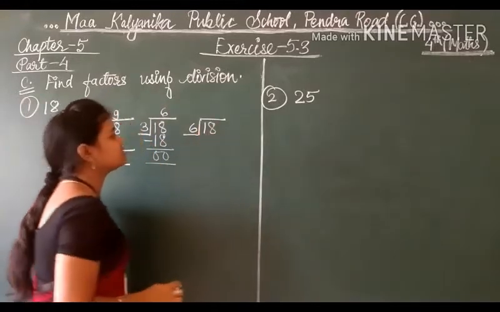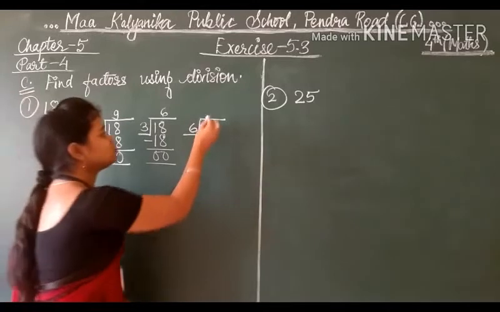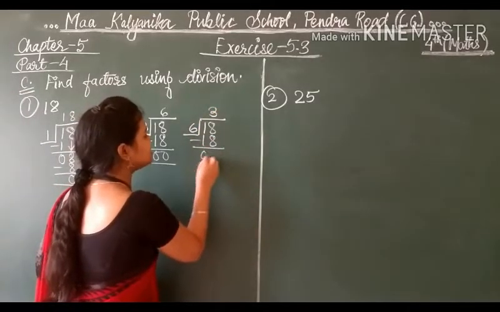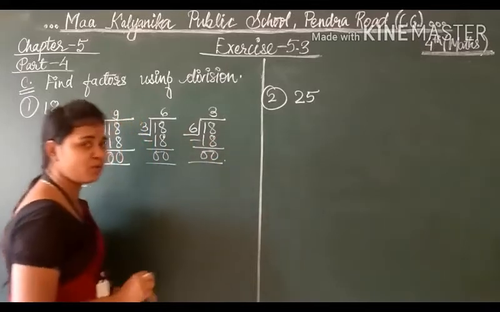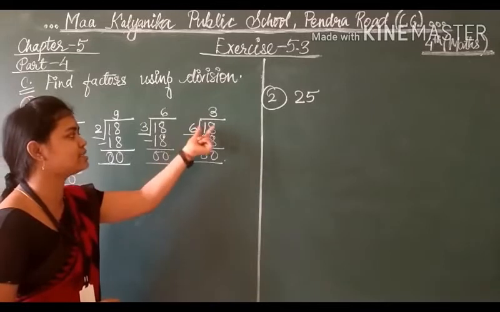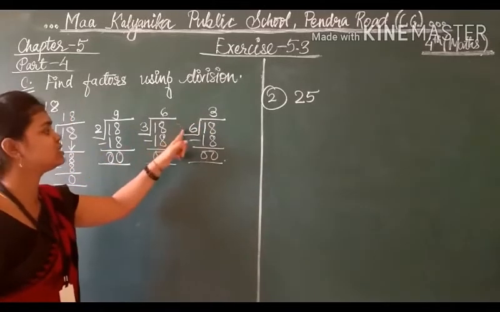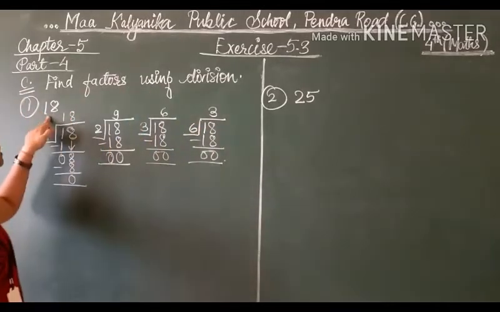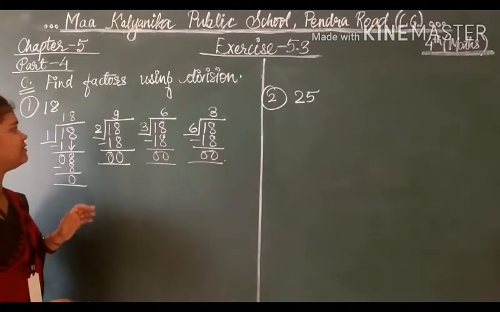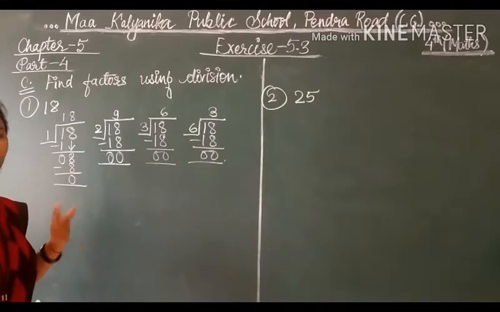So now 6 ones are 6, 6 twos are 12, 6 threes are 18. So 18 minus 18 is 0. Okay, 0 is there as a remainder, means 6 is also exactly dividing 18. So 6 is also a factor of the given number, that is 18. Now 7: 7 threes are 21, 7 twos are 14.